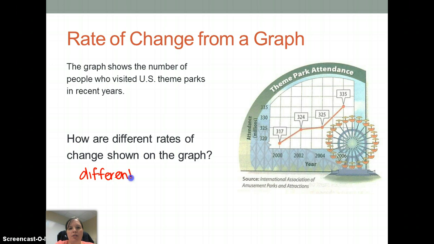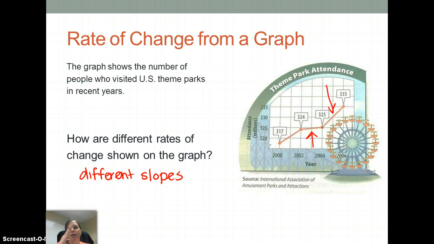The word slope means how steep, and we'll look at that in just a second, but how steep the line is. So these different variations in how steep the line is talking about the different rates of change. So if we look at, what could you say about the years 2004 to 2006 compared to 2002 to 2004?